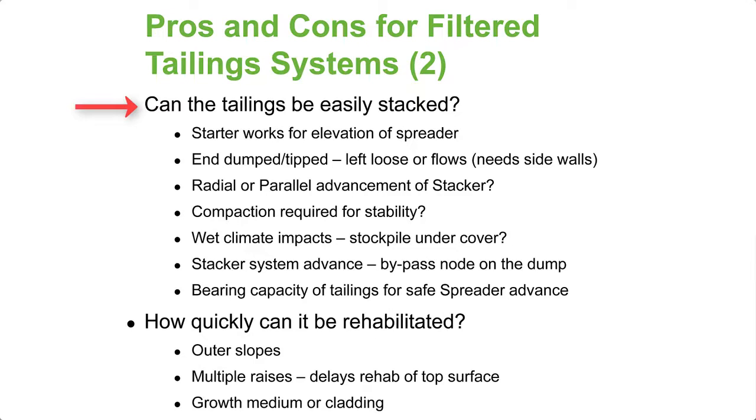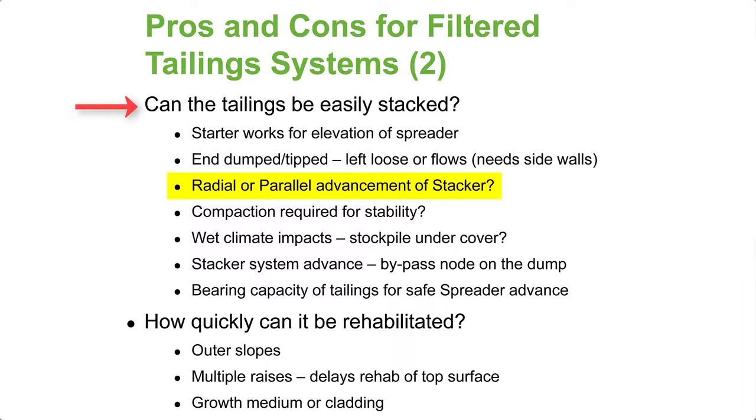If you're able to build up a starter wall and let the material flow, that's beneficial because then your equipment stands in one place while the material flows away. Also need to consider whether you build a radial stacker type system or whether you build something that's a face advancing stacker type system.